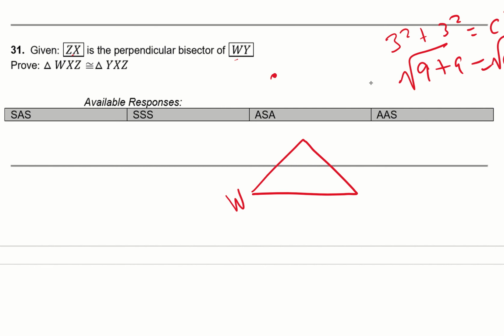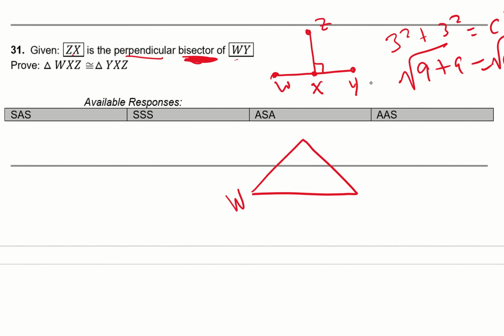So if this is WY, then ZX is cutting it. Bisector means you cut into 2, so cutting into 2 equal pieces. Perpendicular means 90 degrees. So that means ZX is cutting this at this angle.